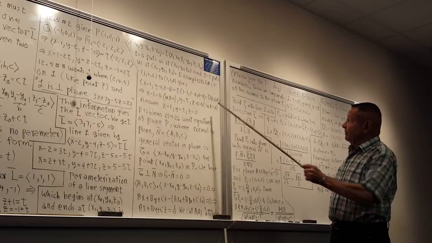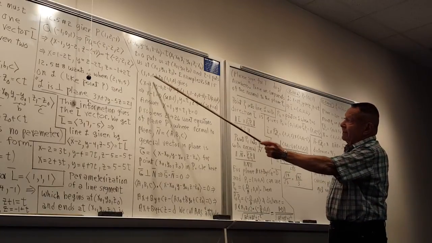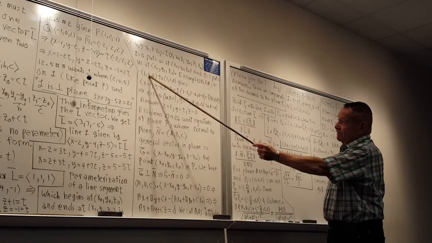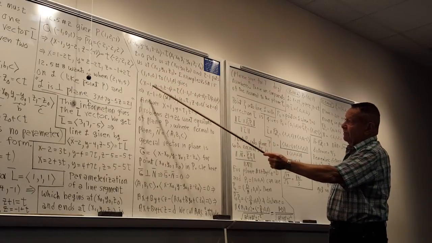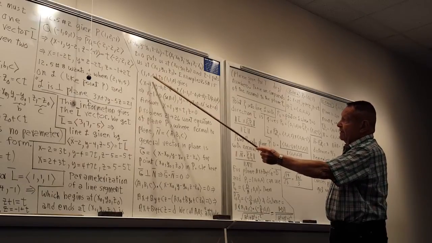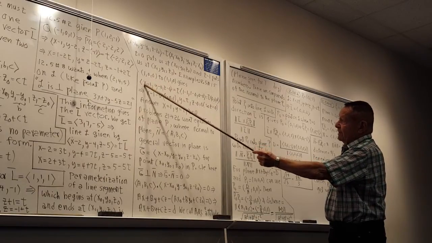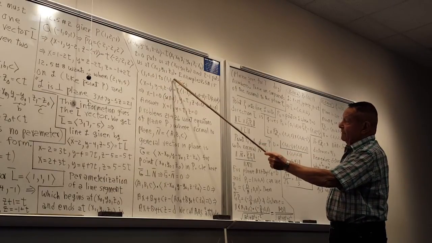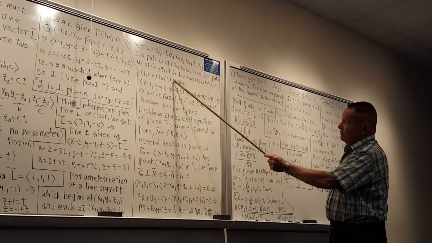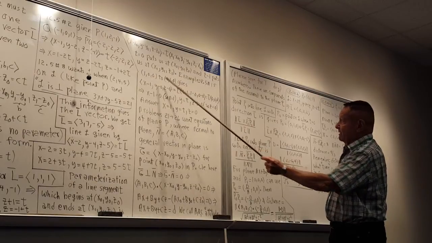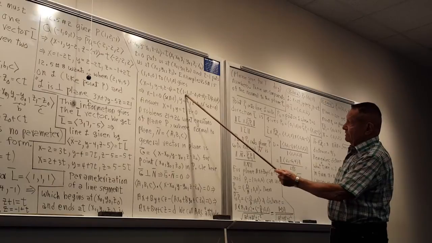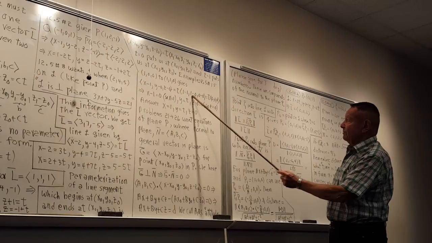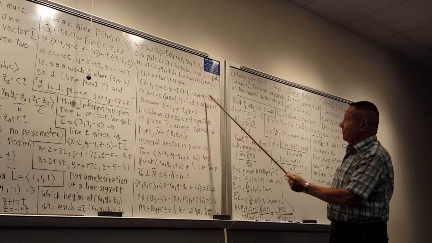So for example, problem 15, if you want to parameterize the line segment from 1, 0, 0 to 1, 1, 0, then start here, so you have x minus 1 and so on, is t, and then the direction vector would be these numbers minus these, which is here. So this is, your A is 0, your B is 1, your C is 0.